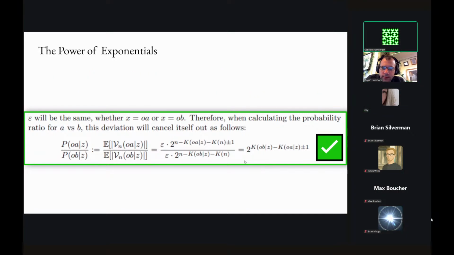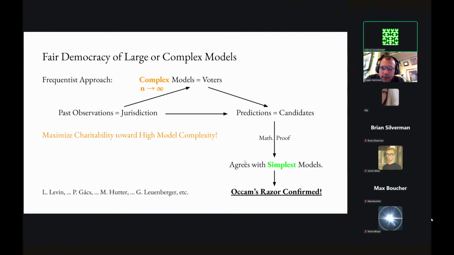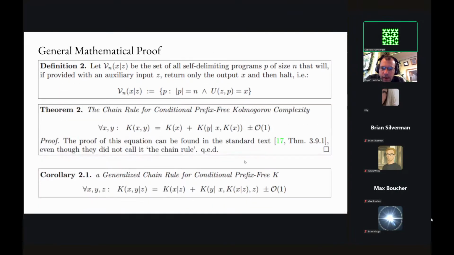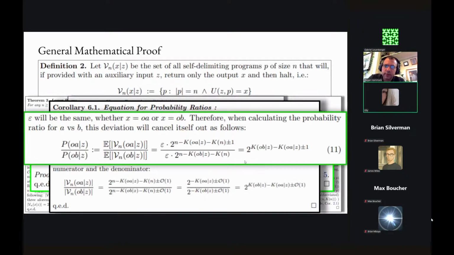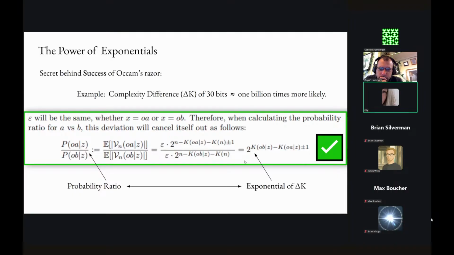Yeah, the proof is back here, but I skipped over it. It's in my paper. I didn't want to get into all of this detail because the talk is kind of long. I'm searching for the statement of Occam's razor in terms that can motivate a proof. I can understand a demonstration of the secret behind its success, but I'm still struggling to understand what formulation of Occam's razor can be proven.